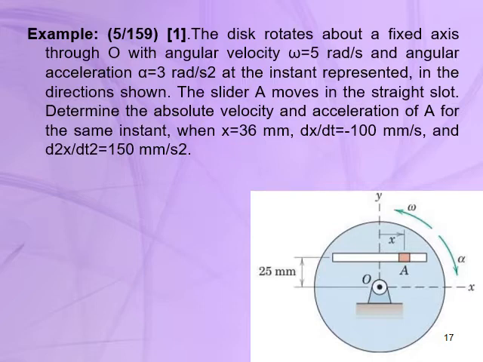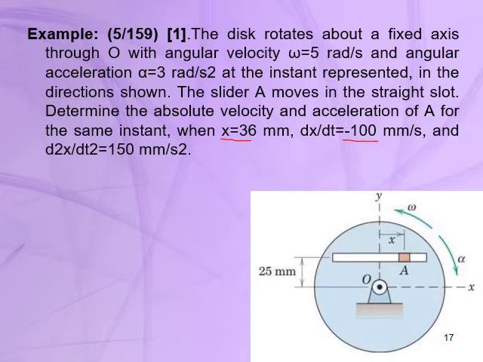At the instant represented in the direction shown, the slider A moves in the straight slot here. Determine the absolute velocity and acceleration of A for the same instant when x is equal to 36 millimeter.